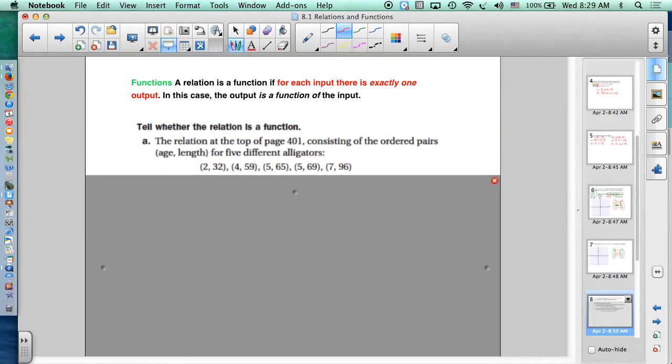So let's look at an example up here and determine whether we think this relation is a function. This is the first set of numbers we used, talking about the 5 different alligators. Notice we get points at 232, 459, 565, 569, and 796. To see whether this is a function or not, we have to check that there are not 2 different points that have the same x value.